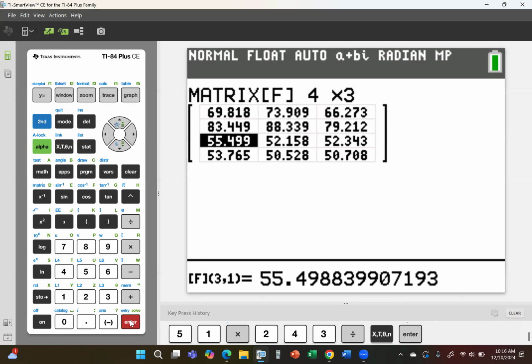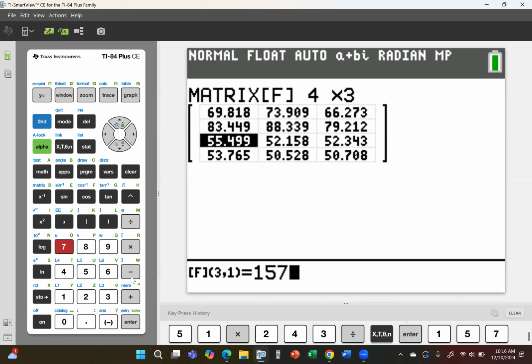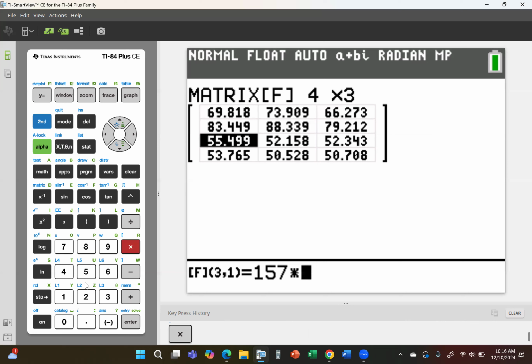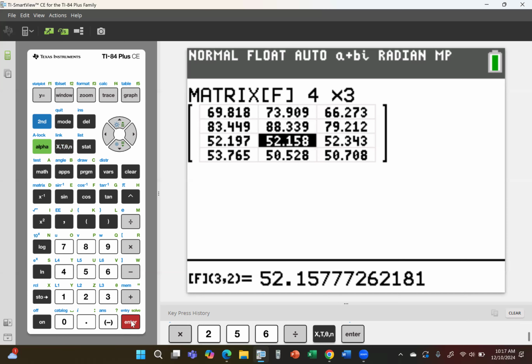We have the third row, 157 times the first column total, 256, divided by the total, 770. Yep, that's right. And then we have what? 271.